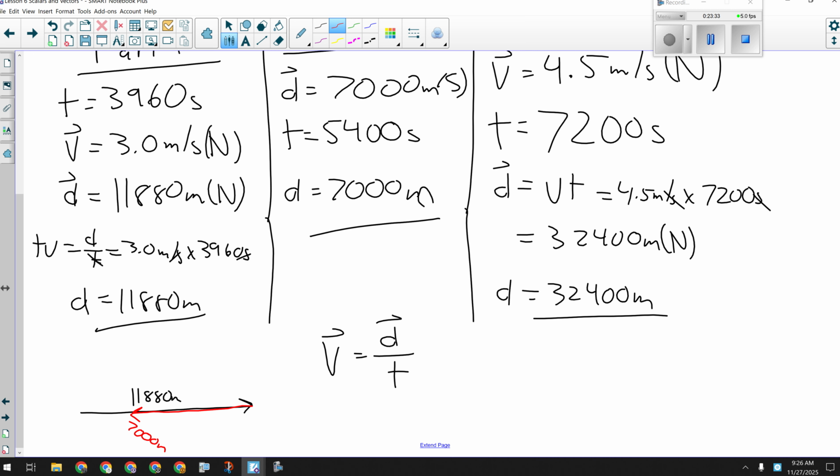Okay, so they backtracked quite a bit. Okay, and then in part 3, they go 32,400 meters.